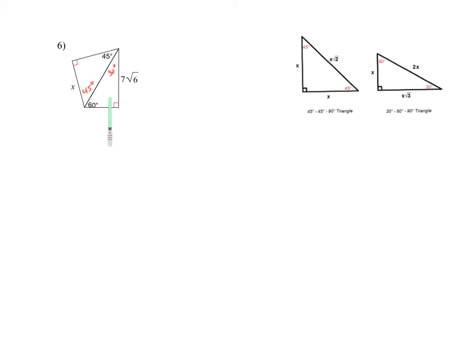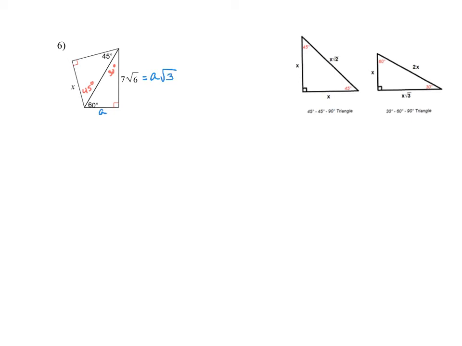I'm going to start working with just the 30-60 triangle. So this is the longest side of that triangle, and first of all, I need to find this side. Let's name it A. As you know, the longest leg is the smallest leg of that triangle times the square root of 3.